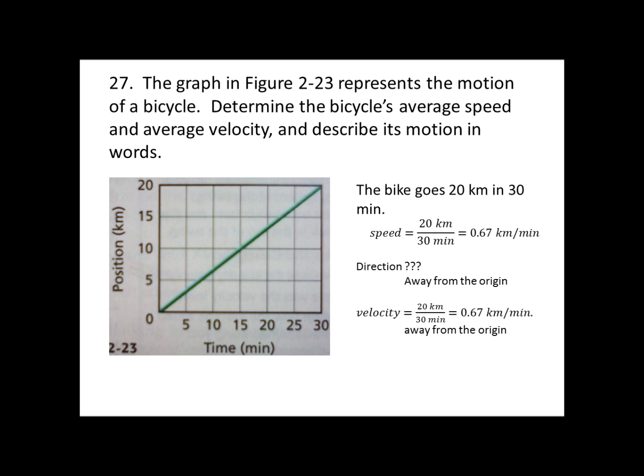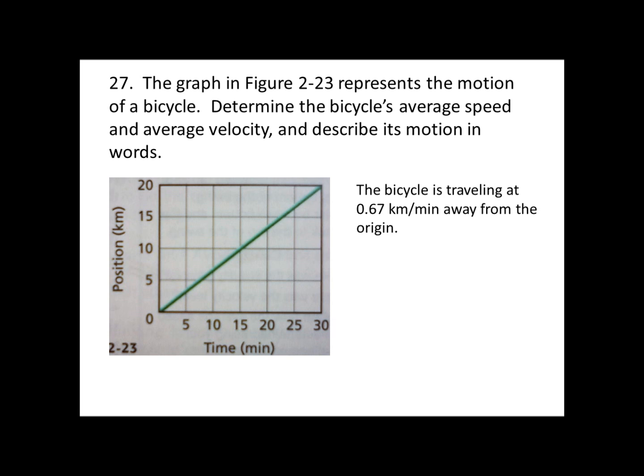I know it sounds goofy, but it gets that direction covered. So we say that the bicycle's velocity is 0.67 kilometers per minute away from the origin. We were able to give a speed and a direction, so that's velocity. So we'll just write that as a sentence. The bicycle is traveling at 0.67 kilometers per minute away from the origin.